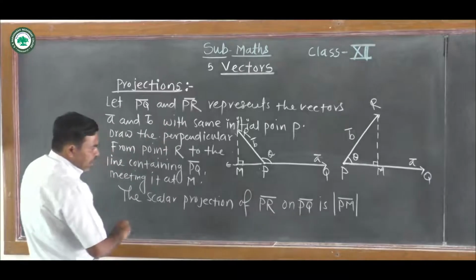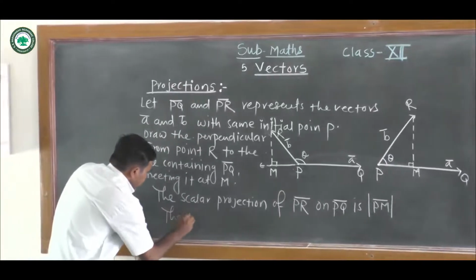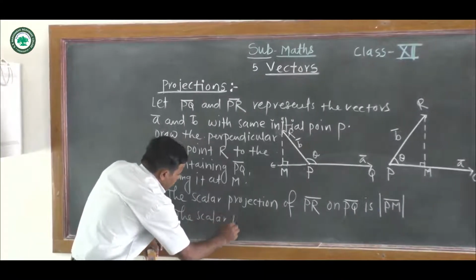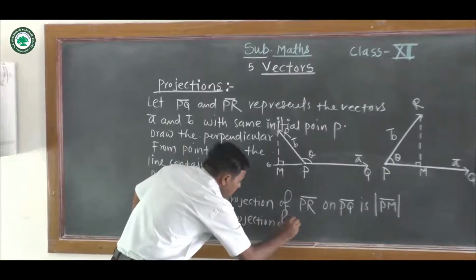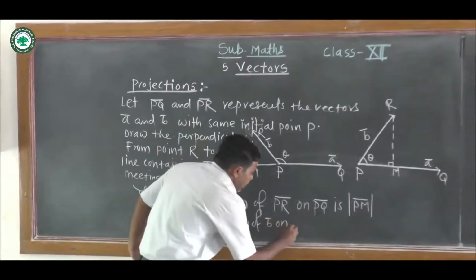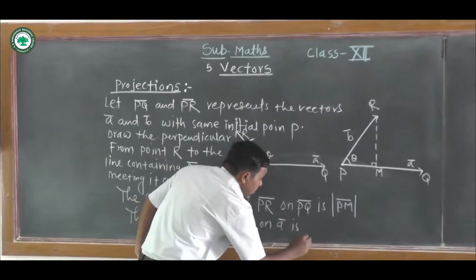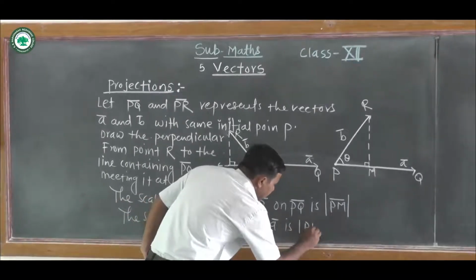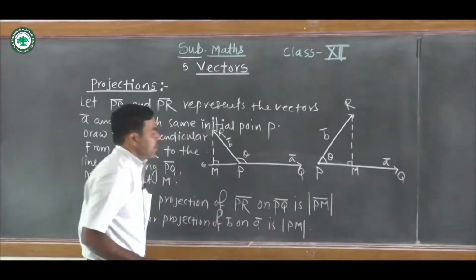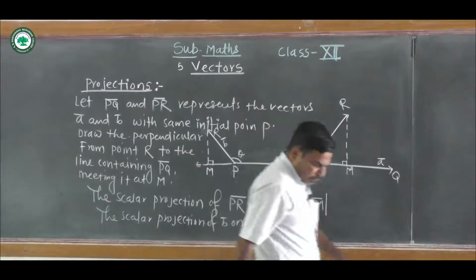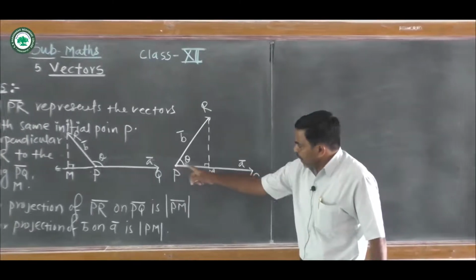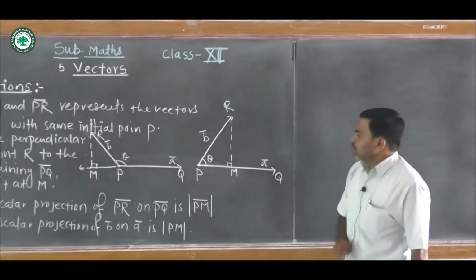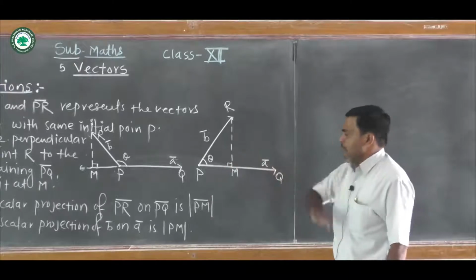The scalar projection of B bar on A bar is the magnitude of vector PM. Now observe this figure. This segment PM is the projection of B bar on A bar.